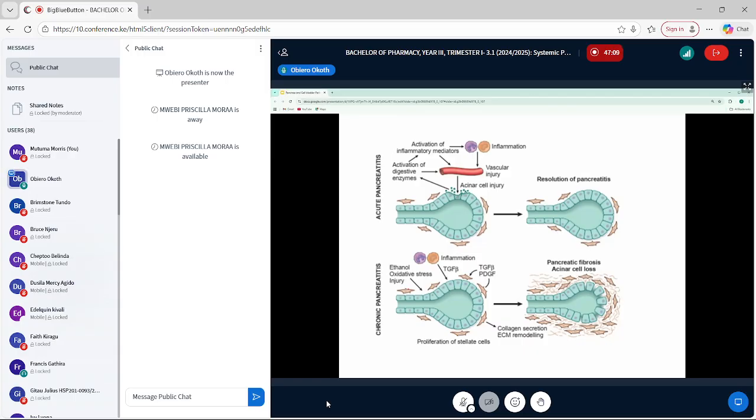But for chronic pancreatitis, cytokines like transforming growth factor beta and platelet-derived growth factor cause proliferation of stellate cells. You have fibroblasts laying down collagen. So you have what we call extracellular matrix fibrosis, which is going to cause acinar cell loss. So you can just say this is more of acute inflammation.